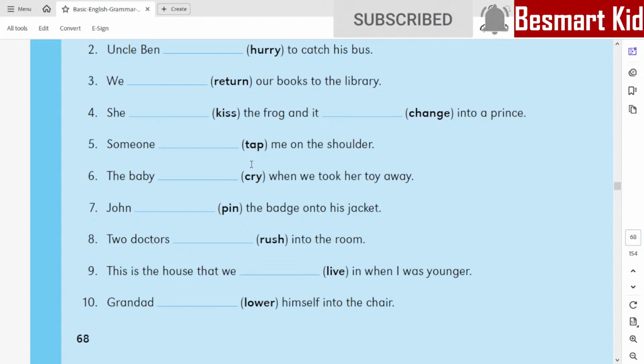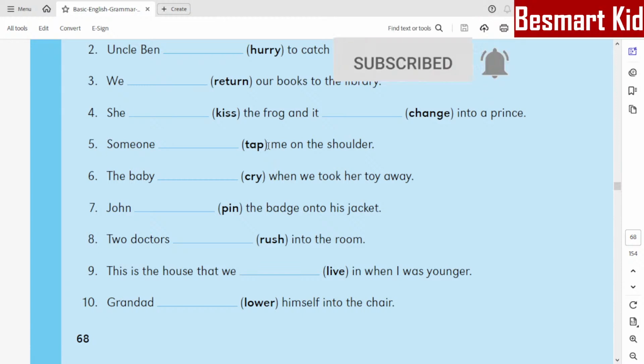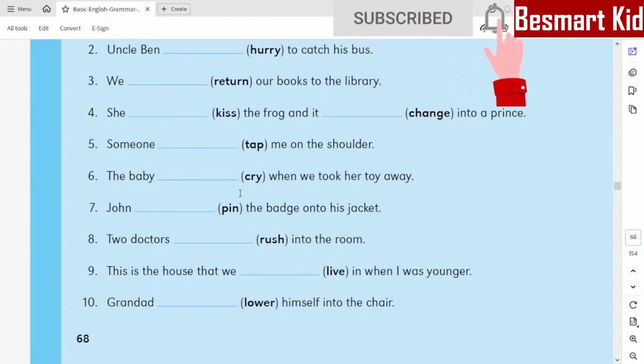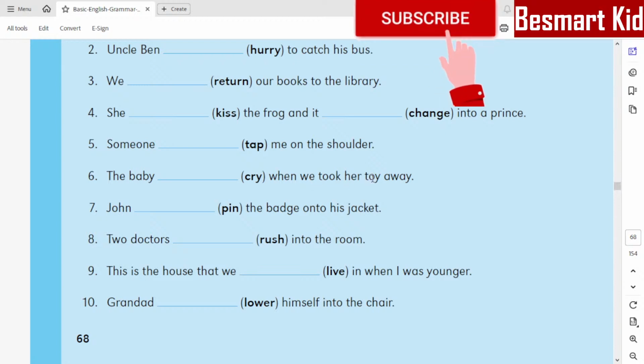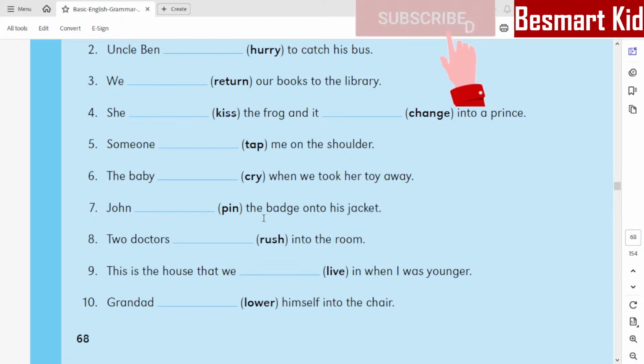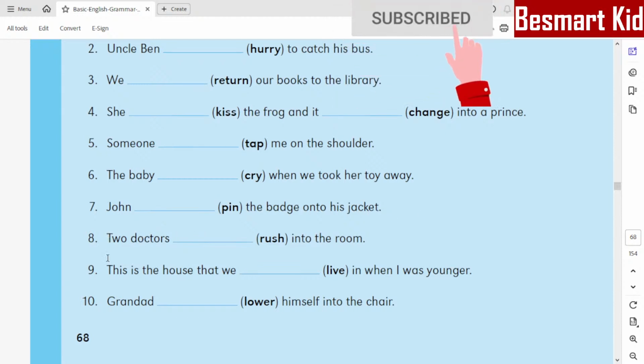Someone dash tapped me on the shoulder. That tap, it was in brackets. The baby dash cry in brackets when we took her toy away. 7. John dash pin in brackets the badge into his jacket. 8.